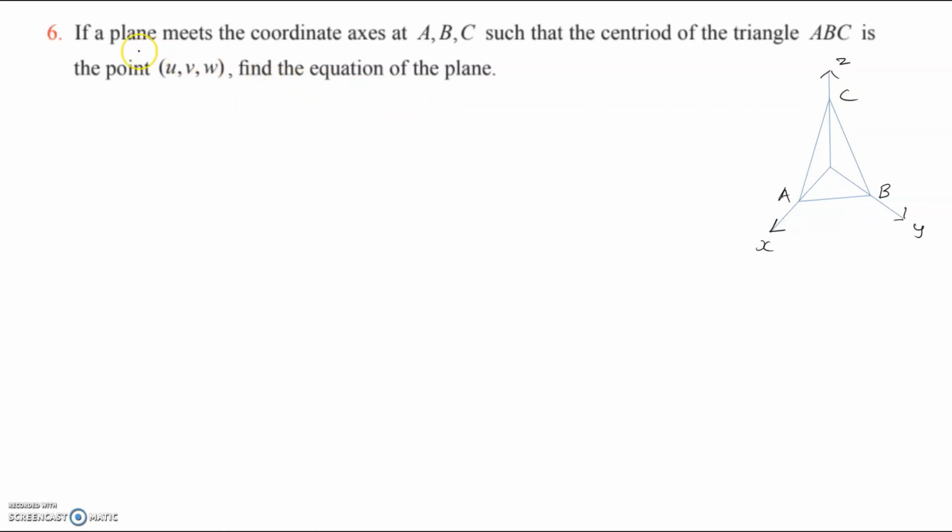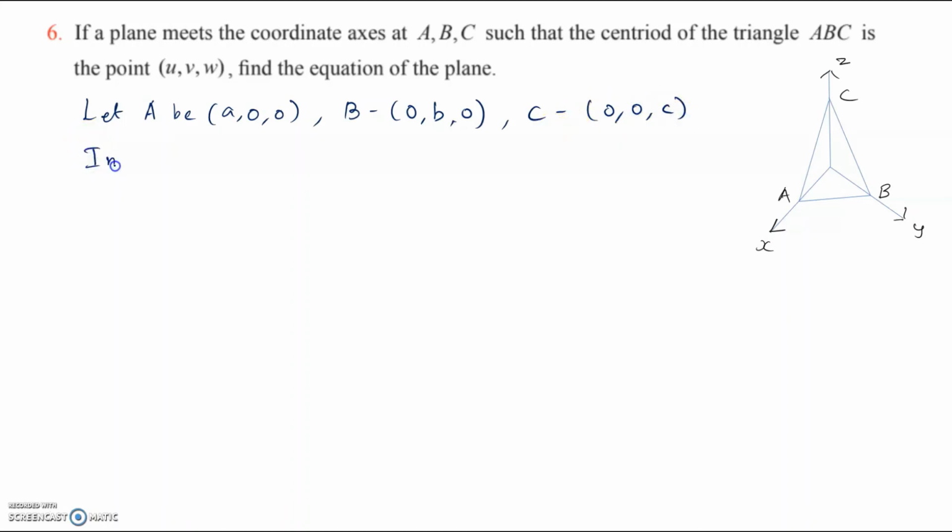So we have a plane that meets the coordinate axis at the points A, B and C. Let A be (a, 0, 0), B be (0, b, 0) and C be defined as (0, 0, c).